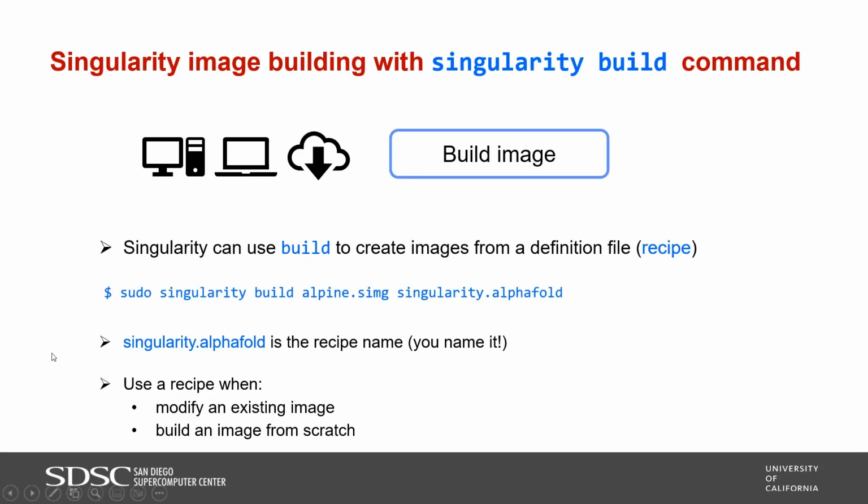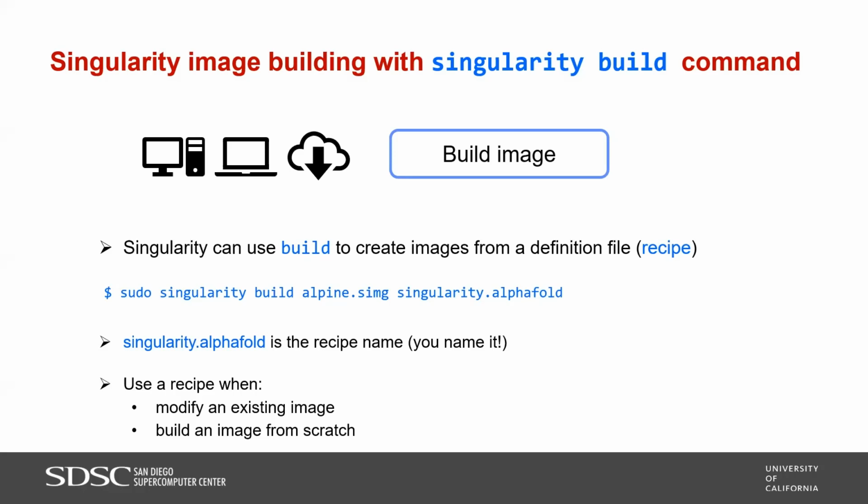The command example here is singularity build, then the image name, and then the recipe name. Here the recipe name I used is Singularity.AlphaFold. This is a recipe I built for creating an image for AlphaFold.